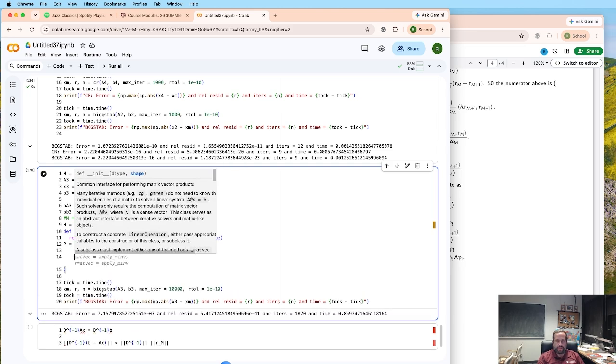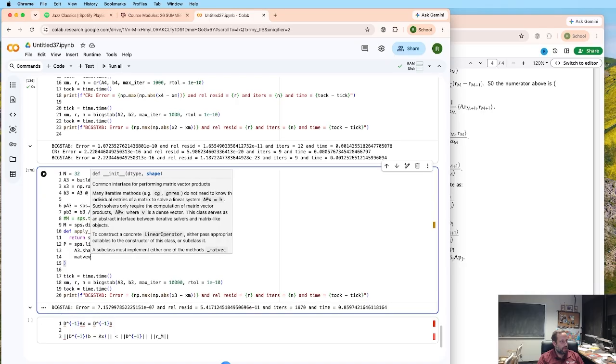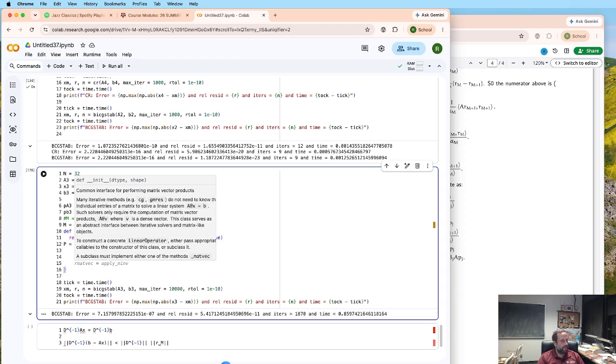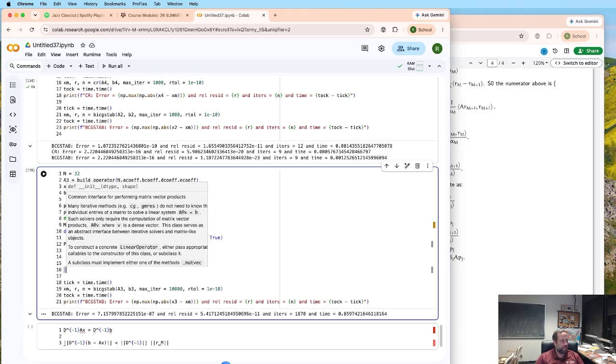And then the matvec is going to be this, and then the data type. This is probably not completely necessary, but we're going to have this.